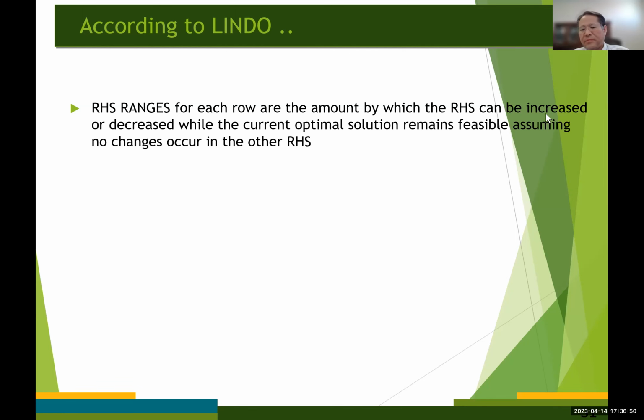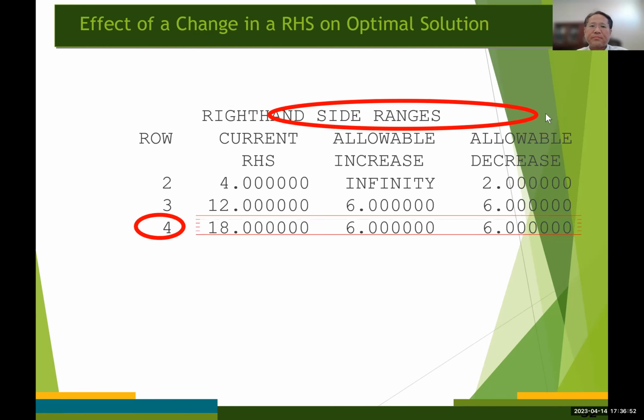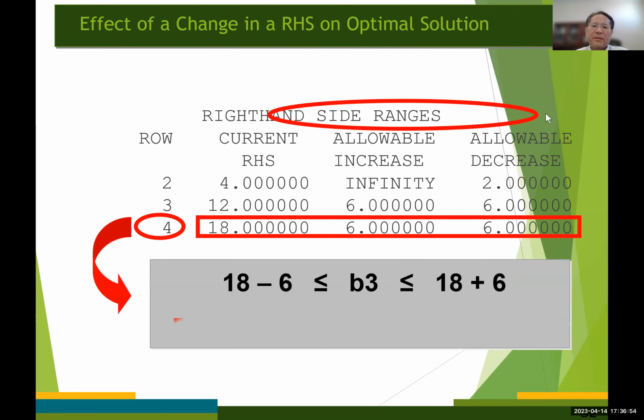So here, for example, the allowable range to stay feasible for the right-hand side of the last constraint can be interpreted like this. So B3 must be greater than or equal to 18.